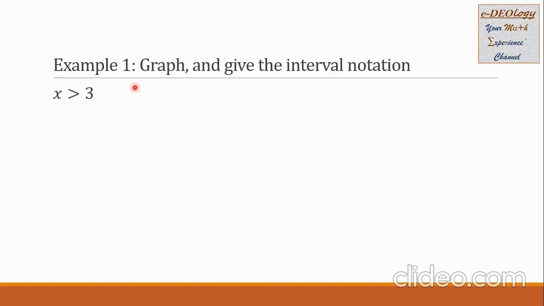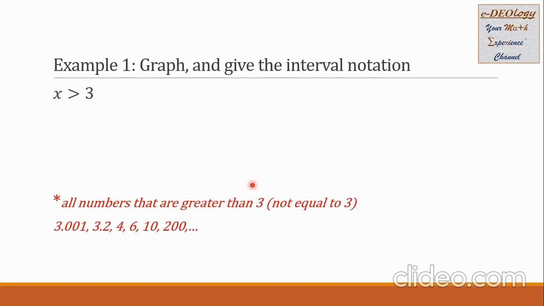Let us have example 1. Graph and give the interval notation. We have here x is greater than 3. It means we want to identify all numbers that are greater than 3. Take note, it is not equal to 3.